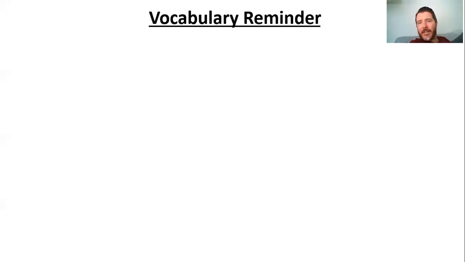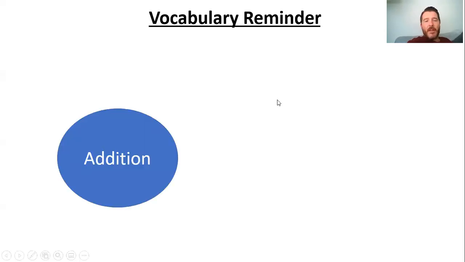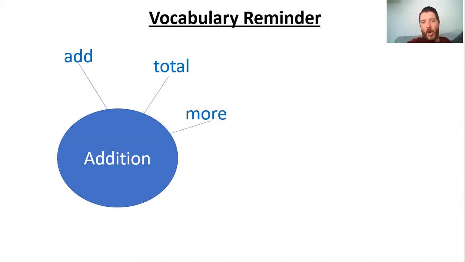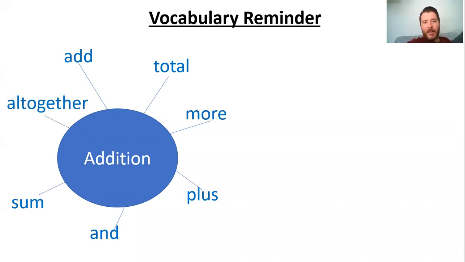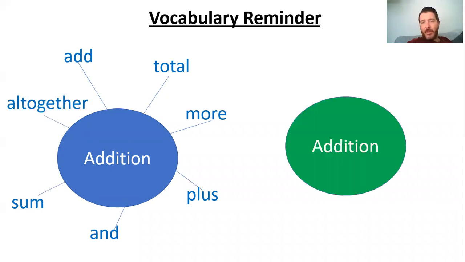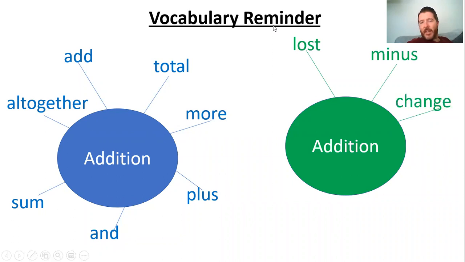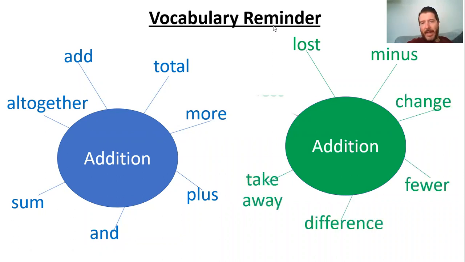So let's remind ourselves of the vocabulary, the words, and what they mean. For addition, we have words like add, total, more, plus, and, sum, all together. And for that, it says addition, it should say subtraction, sorry: lost, minus, change, fewer, difference, take away, less.